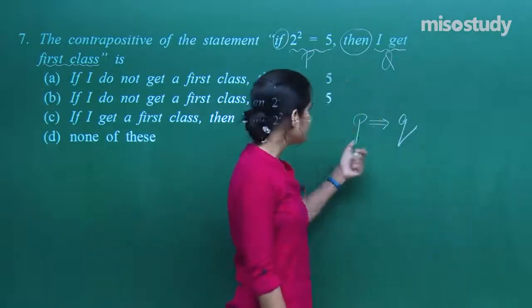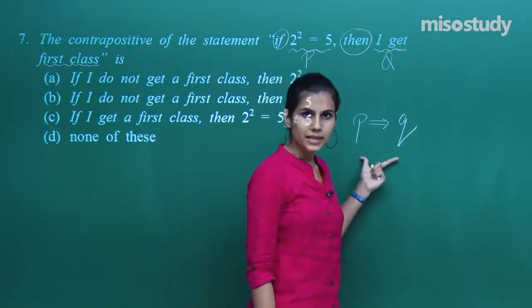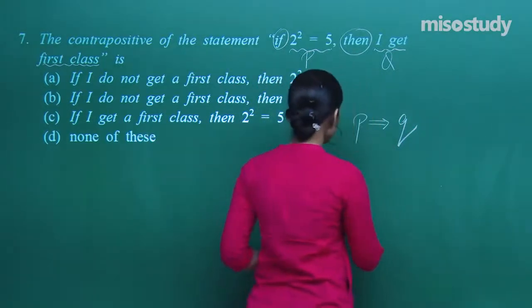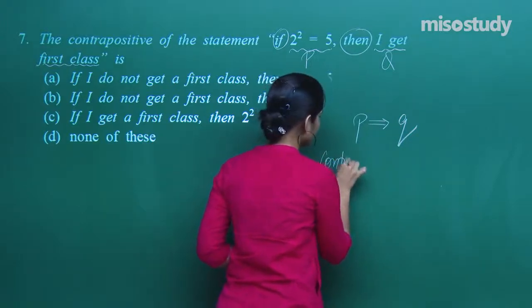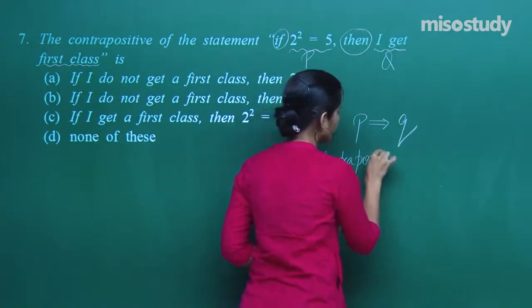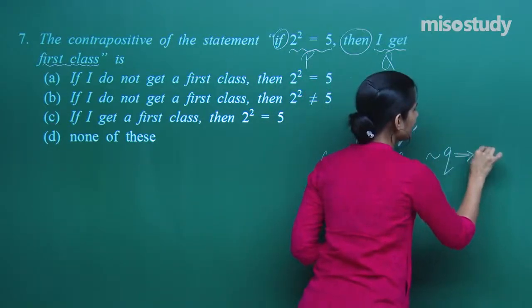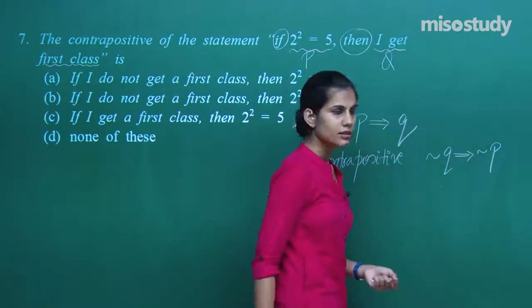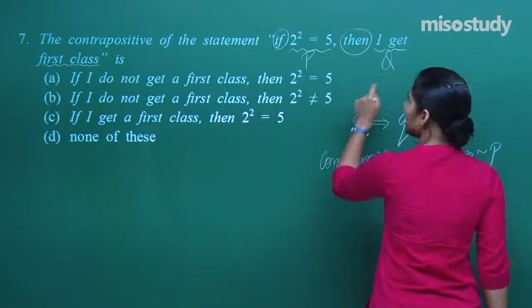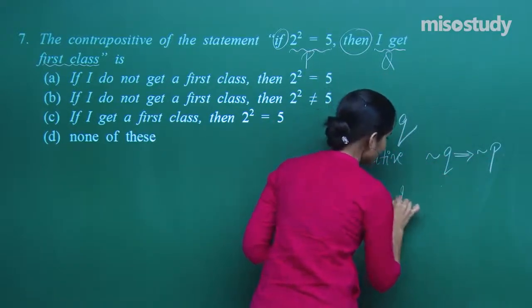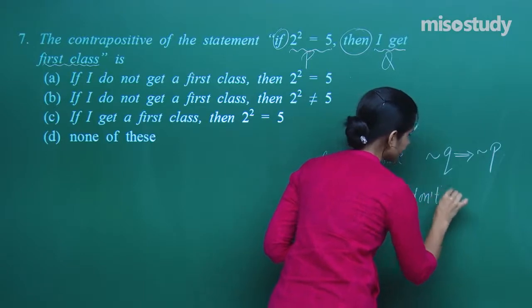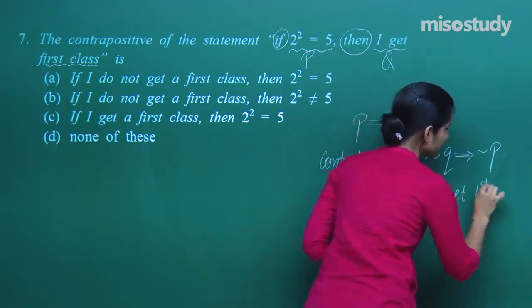You know that if P then Q is actually represented by P implication Q. What is the contrapositive? Contrapositive of this is given by not Q implies not P. If Q is I get first class, not Q is I don't get first class.